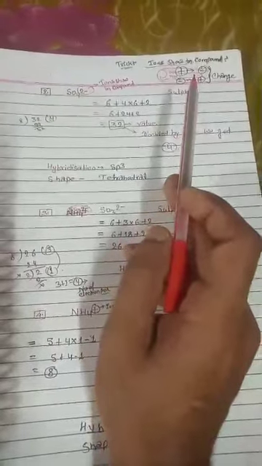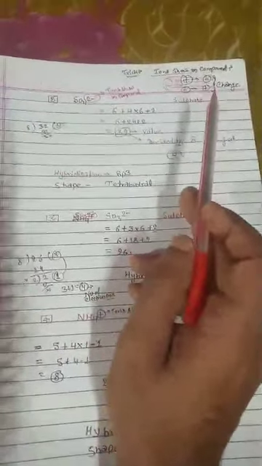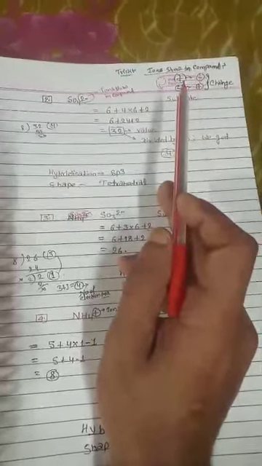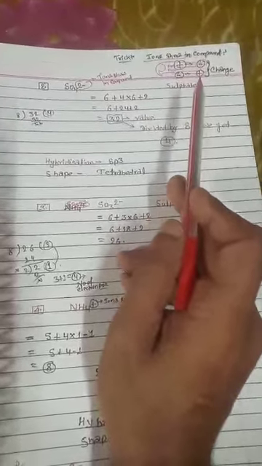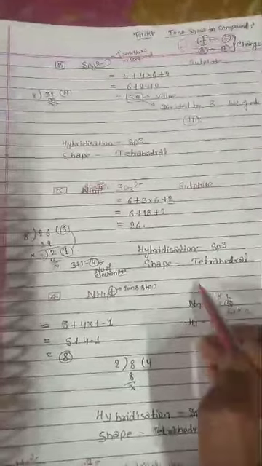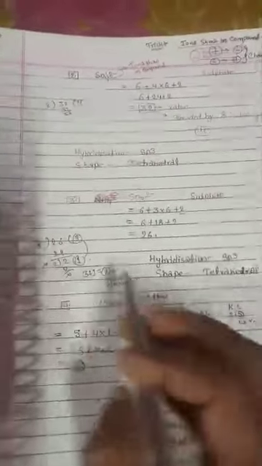The plus 2 indicates that the ion is -2. Thus we get 26, and the hybridization is sp3 and the shape is tetrahedral.